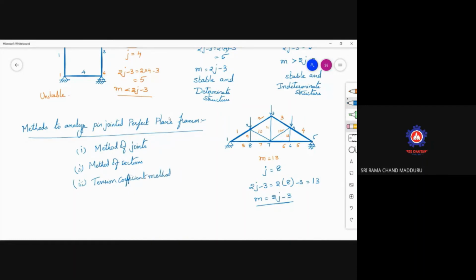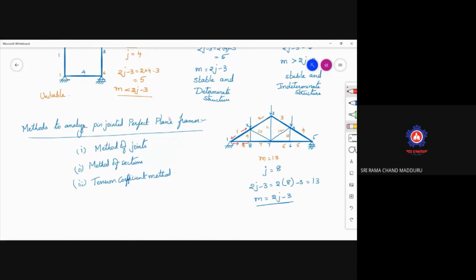So we analyze the perfect pin jointed frame with the help of these three methods and calculate the internal forces. For example, due to the application of the loading, what is the force inside this member? Whether it is tension or compression? What is the type of force, and what is the magnitude of the force?